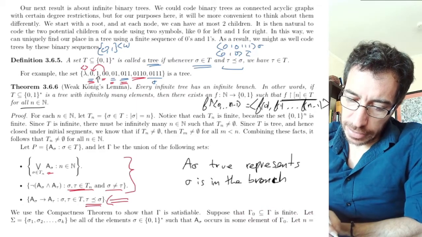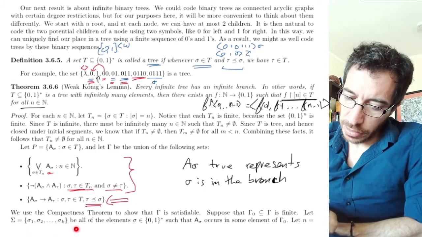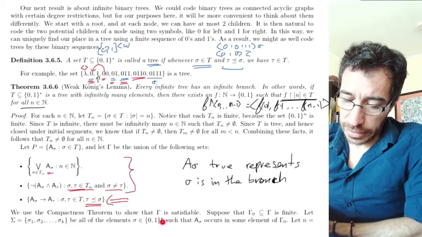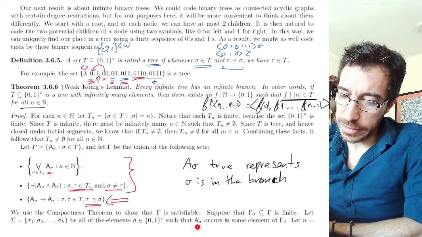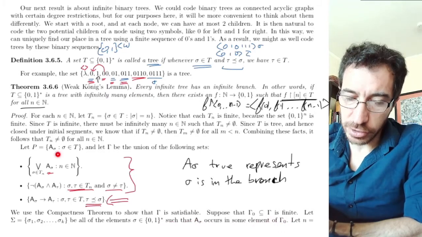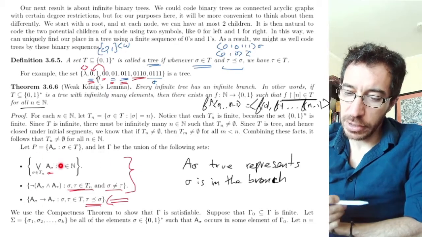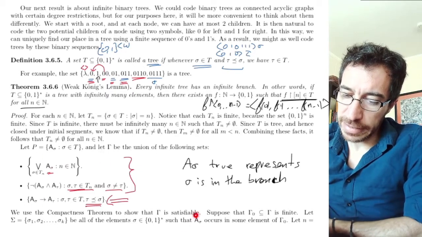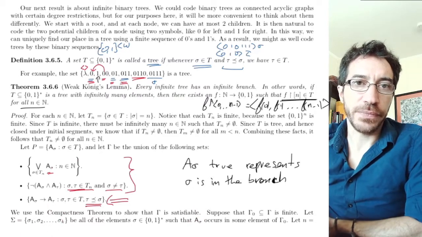Let capital sigma be the set of all the little sigmas such that the variable A sigma occurs in an element of gamma 0. Gamma 0 contains only finitely many of these formulas, so only finitely many of these variables occur. Consider all the ones that occur.